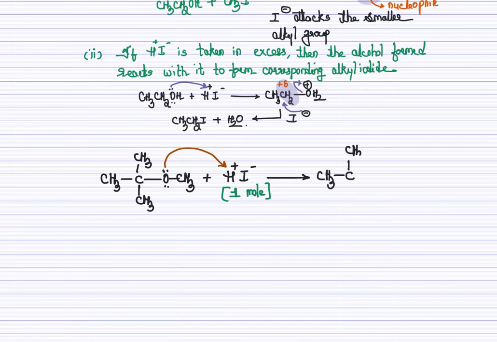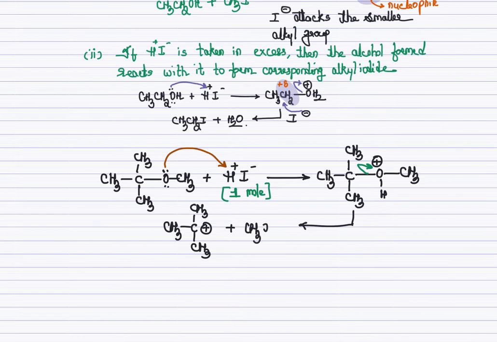However, here the alkyl group present is a tertiary alkyl group, and you know that tertiary alkyl group forms a very stable carbocation. So now in the next step, your tertiary alkyl group actually gets separated. So before I minus attacks here, you have your carbocation generated, plus CH3OH.